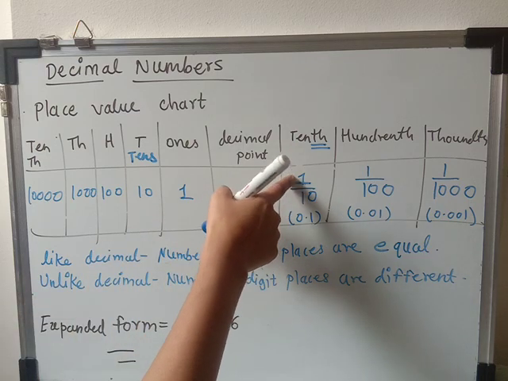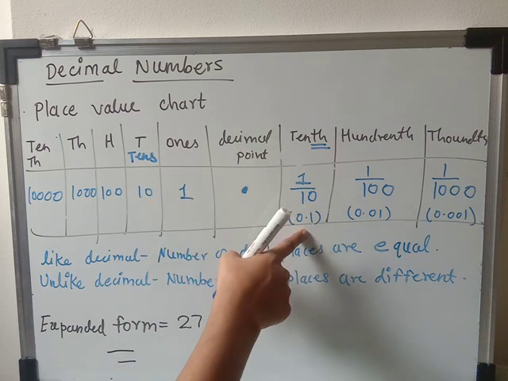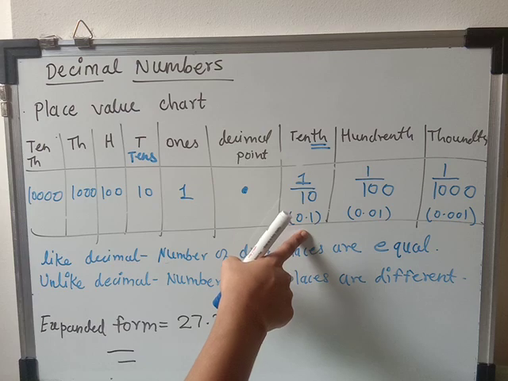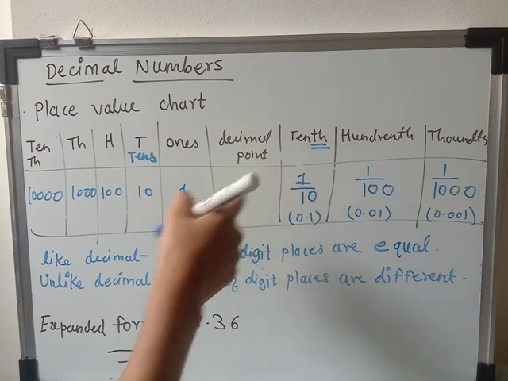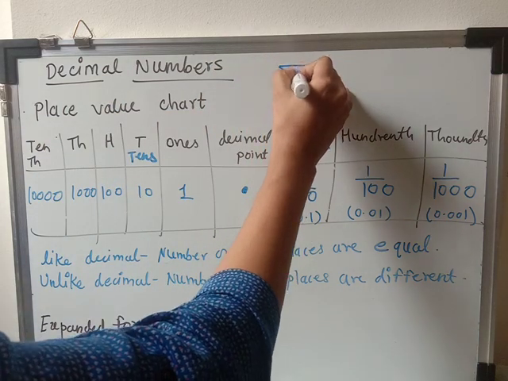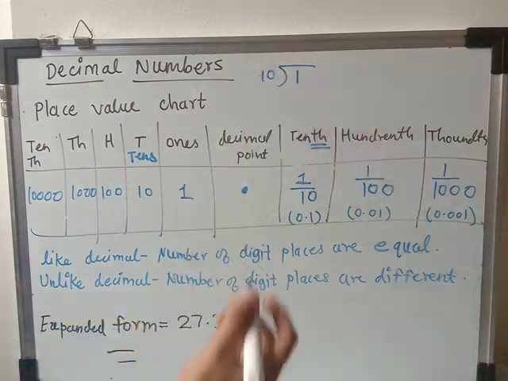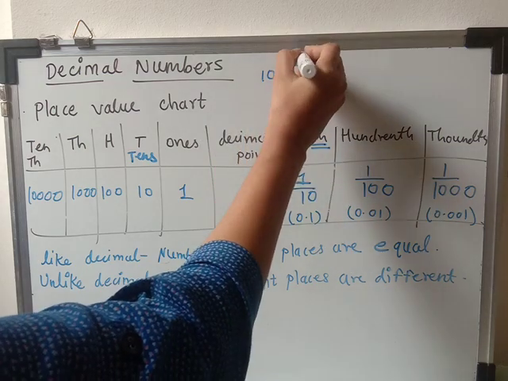Tenth ka ye first part, ek part hua. If we write it in decimal form, we get 0.1, which means 1 divided by 10. How do we do it? I'll just show you. Here 1 is there and 10. It is not possible to divide 1 by 10 because 1 is less, so we have to take 0.